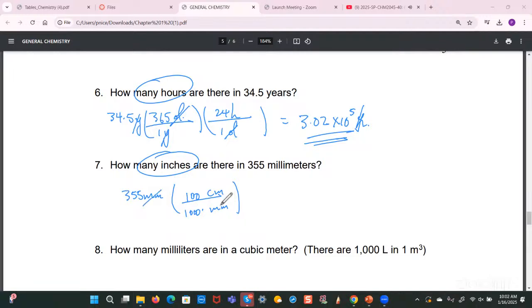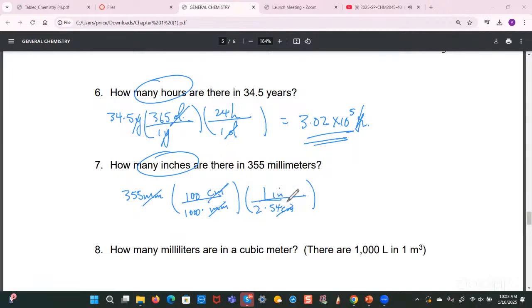So the millimeters will cancel out here and here, but remember, we're aiming for inches. So what's the next conversion factor? And this one you may need to look up because I don't expect you to remember all of them. 1 inch goes on top, and 2.54 centimeters goes below. So that goes with that.